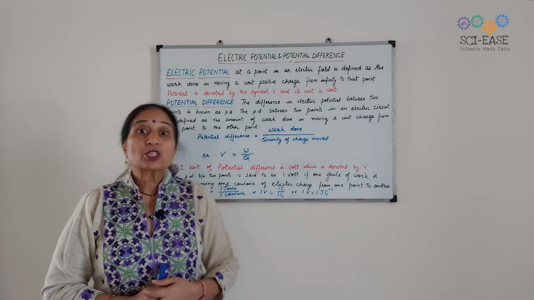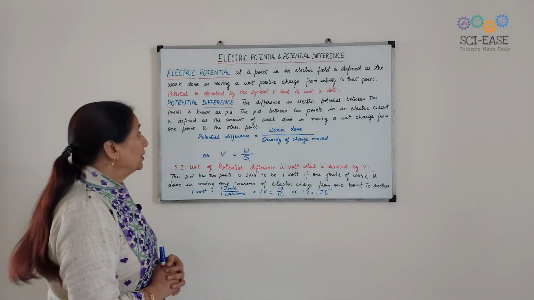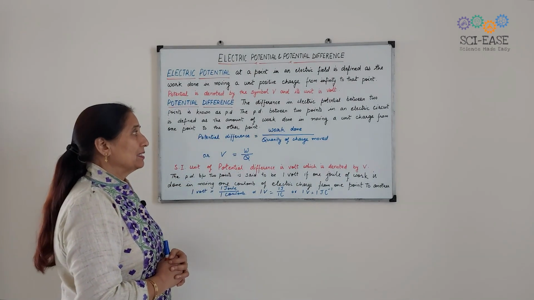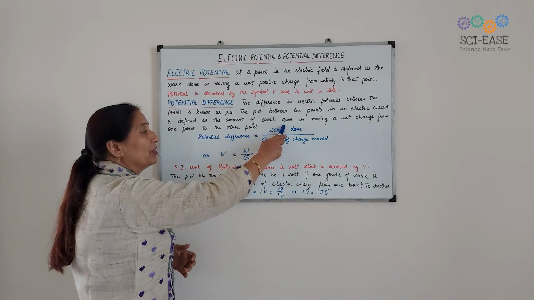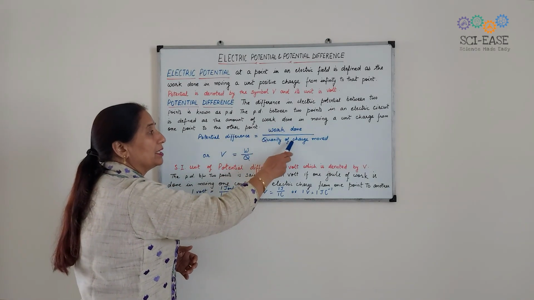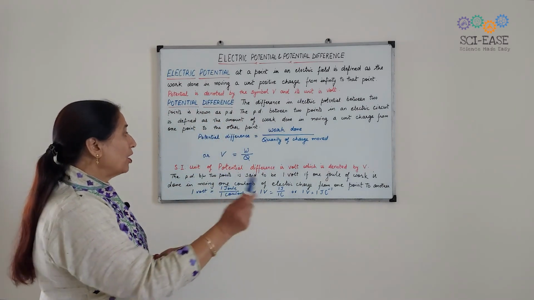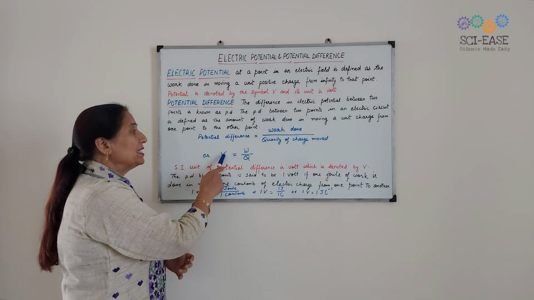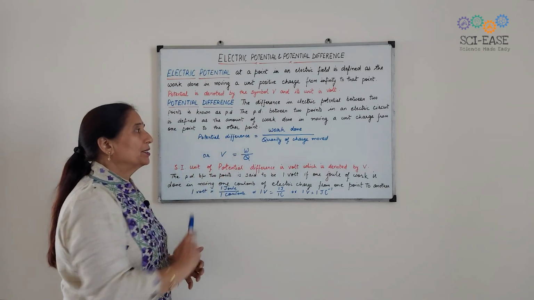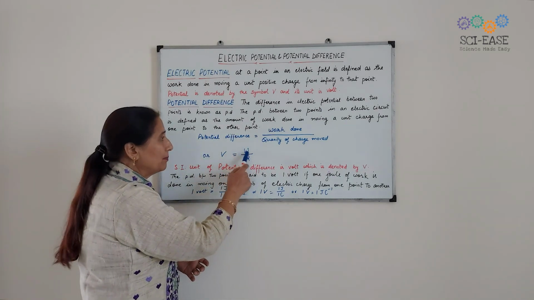So, the expression for the potential difference is equal to work done over quantity of the charge moved. Or you can say V is equal to W over Q. What is W?